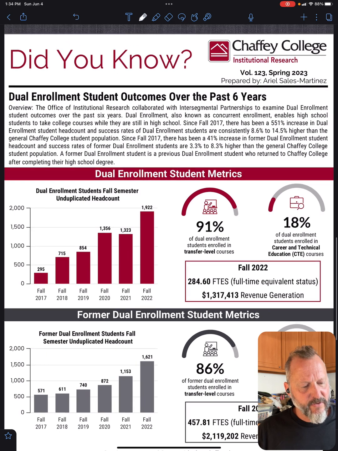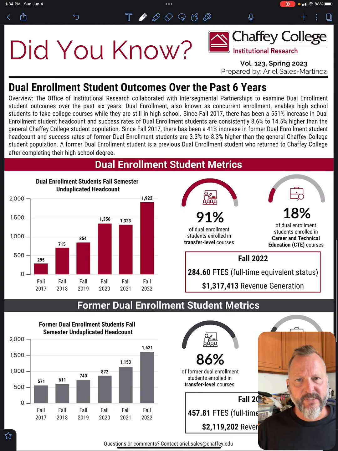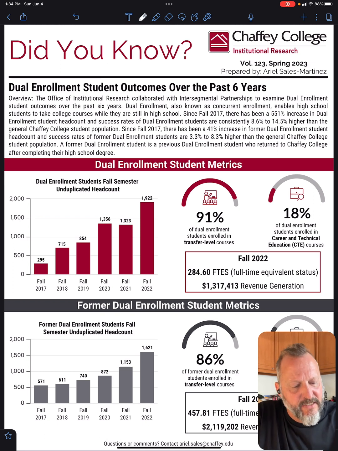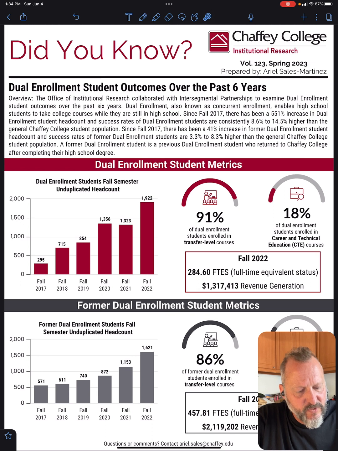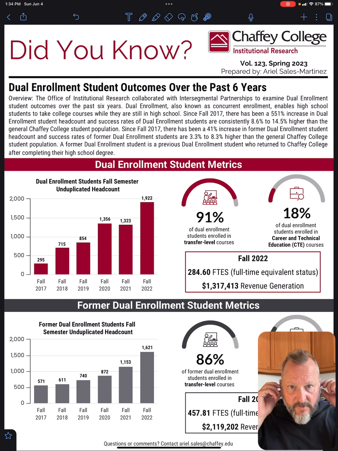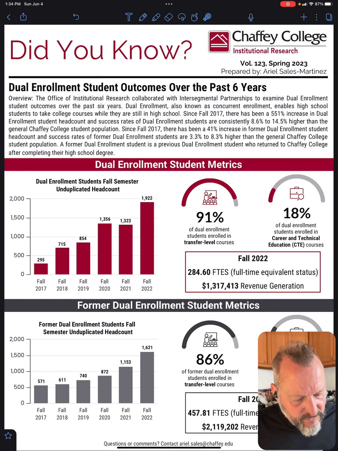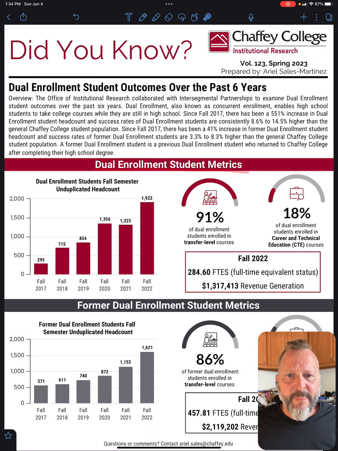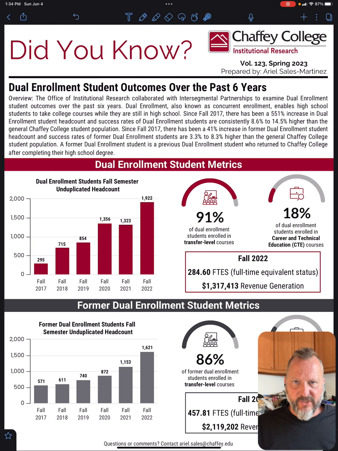All right. So what I want to just present to you next is this. This is right from our institutional research that was sent out sometime in the spring. I think it was the last one they sent. This is descriptive statistics. It's just describing dual enrollment. And so what this shows is dual enrollment students currently, and it shows former dual enrollment students who are now taking Chaffey College classes.